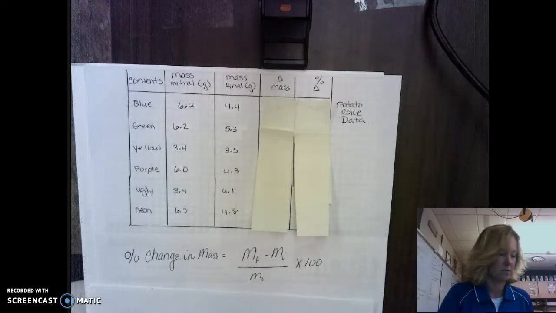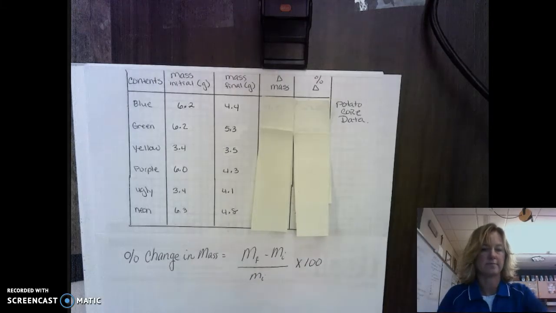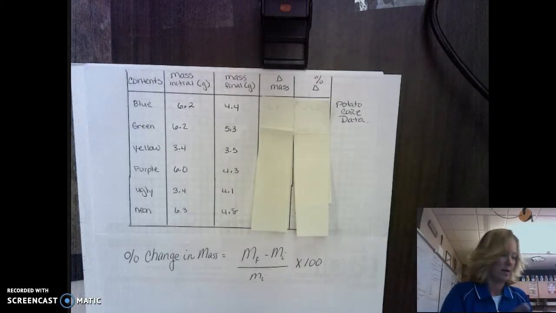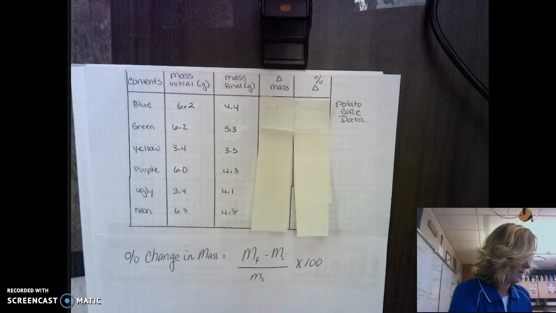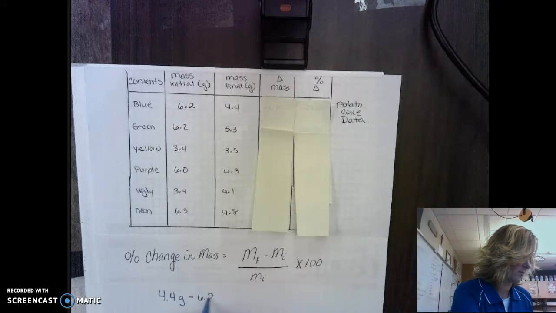All right, so we're going to do the first one here together. If I take a look at my data for the blue container, my final mass was 4.4 grams minus my initial mass of 6.2 grams, divided by my initial mass of 6.2 grams.